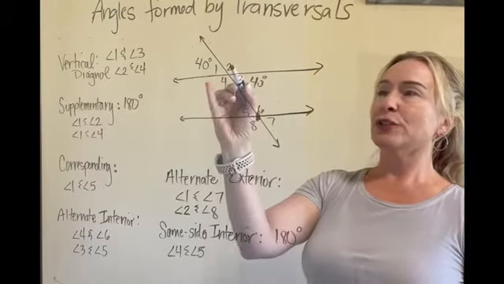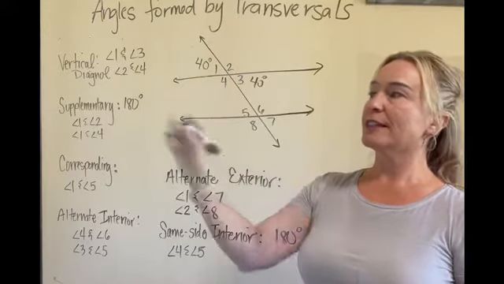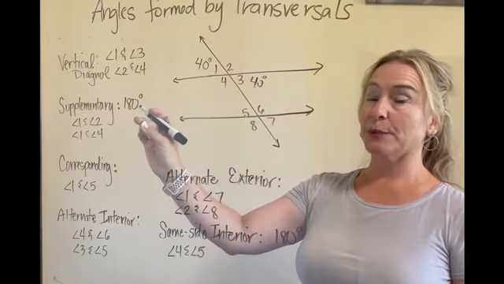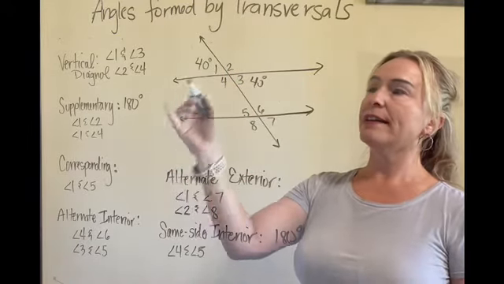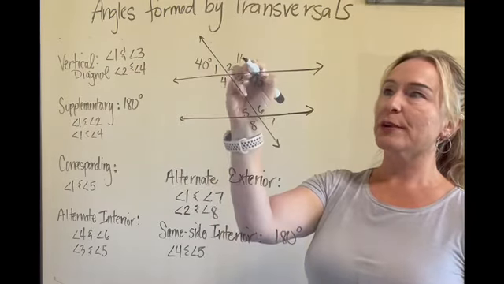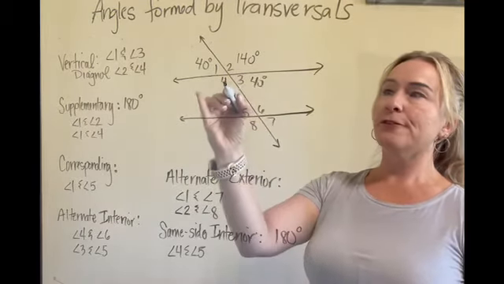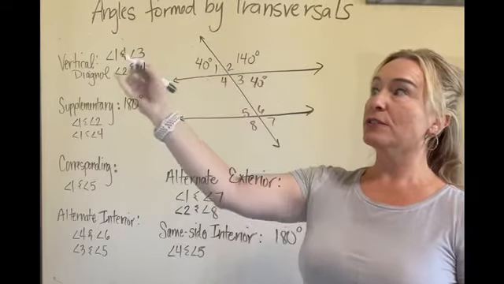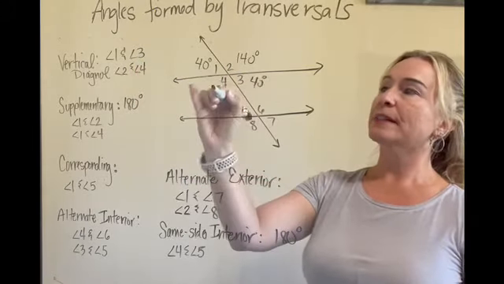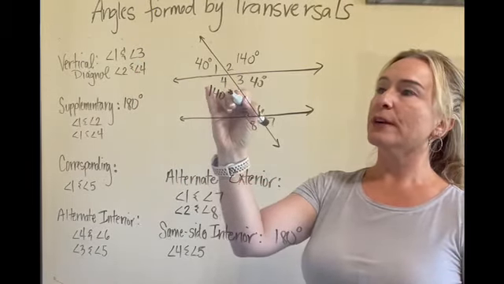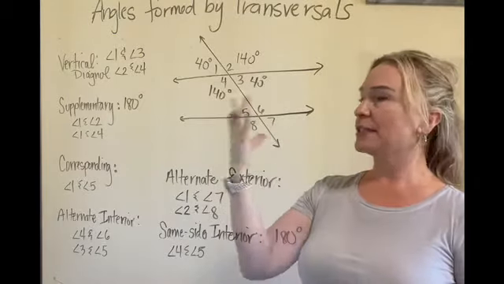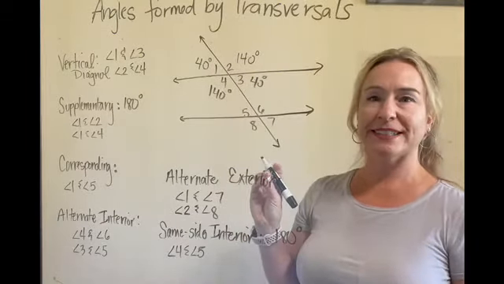Angle 2 and angle 1 are considered supplementary, which means they have to equal 180. So 180 minus 40 is 140. 4 and 2 are also vertical angles. So that means angle 4 is also 140 degrees. And just like that, we've got the whole upper section finished.